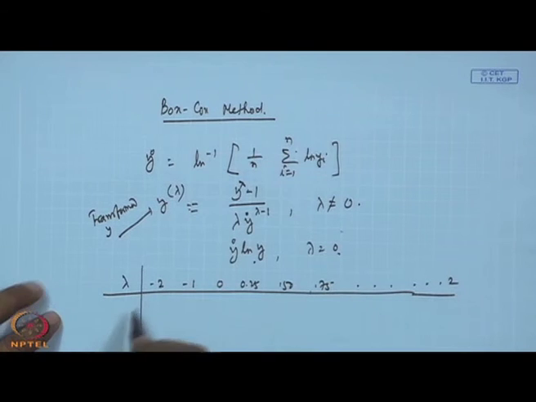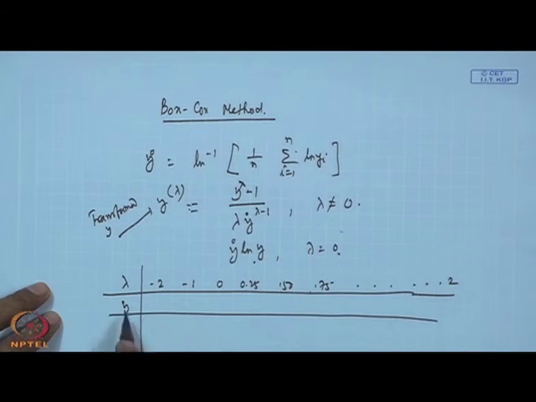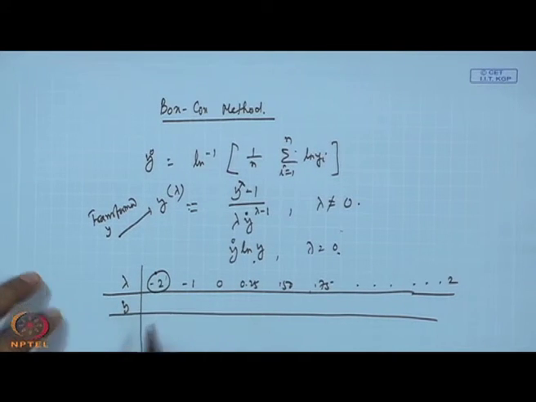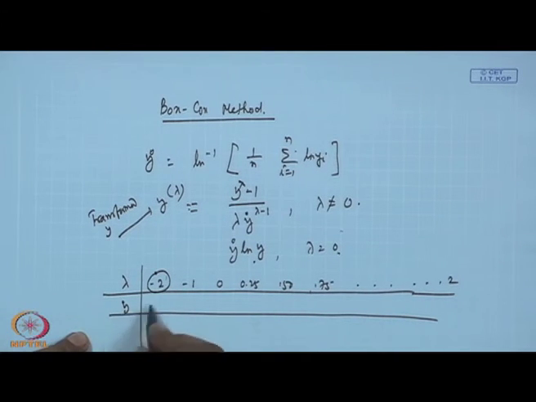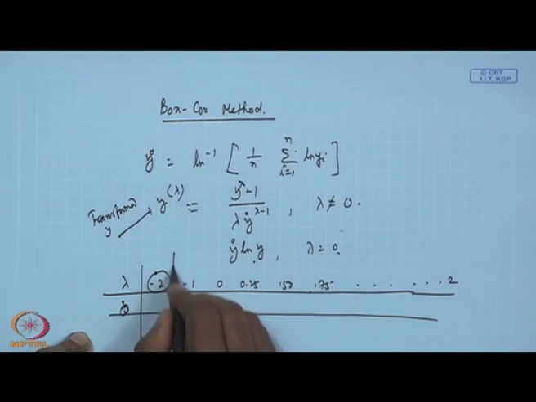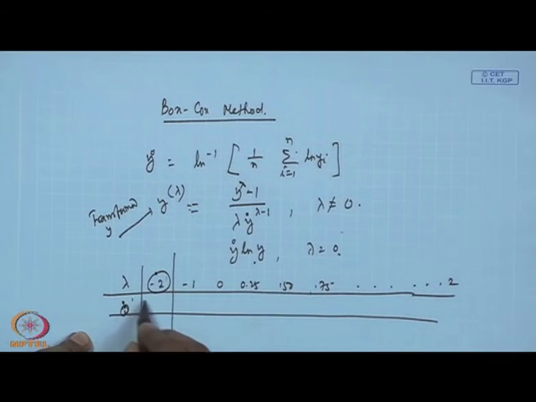Then you find out what these y lambda values are. For lambda equal to minus 2, you find out y1 to the power minus 2, similarly yn to the power minus 2.